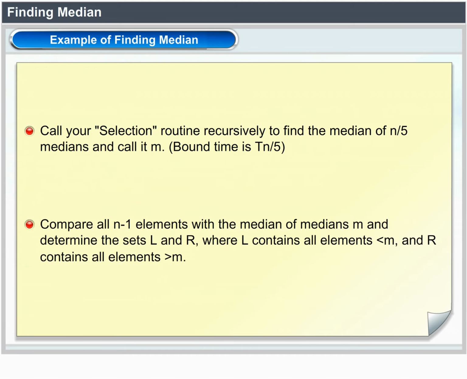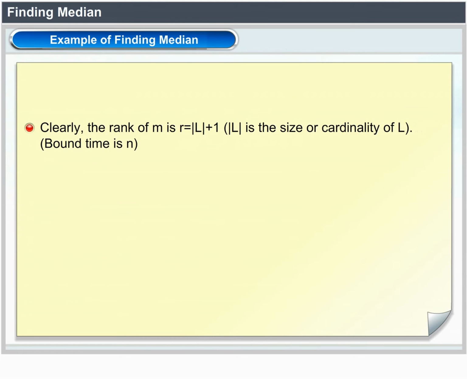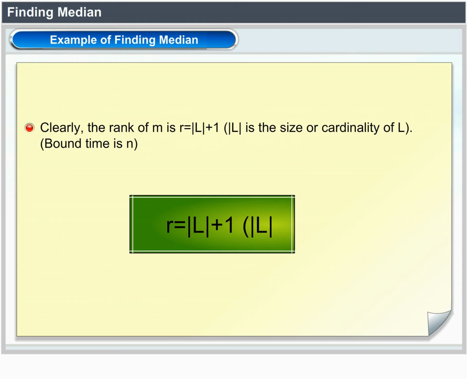Compare all n-1 elements with the median of medians m and determine the sets L and R, where L contains all elements less than m and R contains all elements greater than m. Clearly, the rank of m is |L| plus 1. |L| is the size or cardinality of L. Bound time is n.